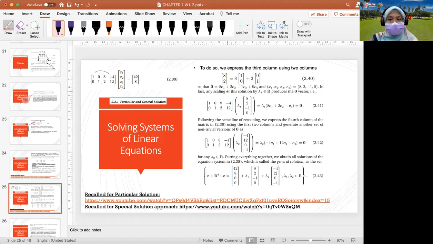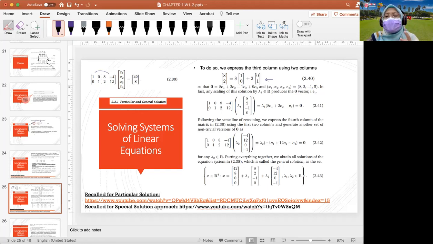From here we can derive the solution. The solution is 8, 2 coming from here, minus 1 and 0.